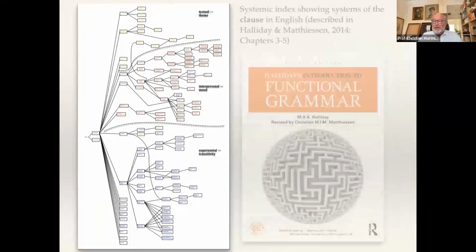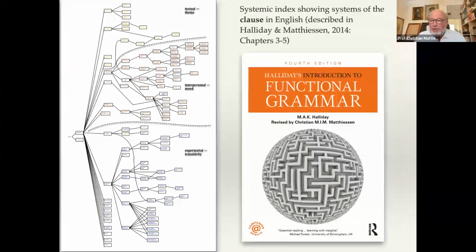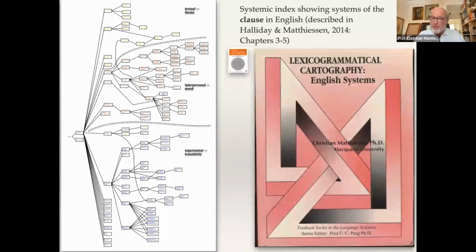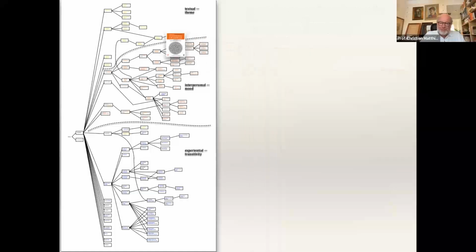And that indeed is a way of organizing the description of the language and using the system network as a way of navigating around the description. So that's very apparent in Halliday's Introduction to Functional Grammar, and also in a book I published entirely organized around system networks. And because we're mapping out the description of the grammar, I call it lexicogrammatical cartography, English systems.